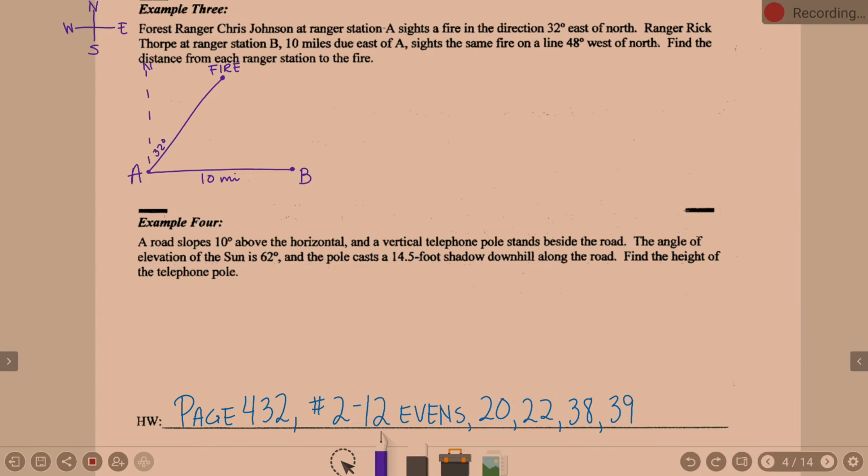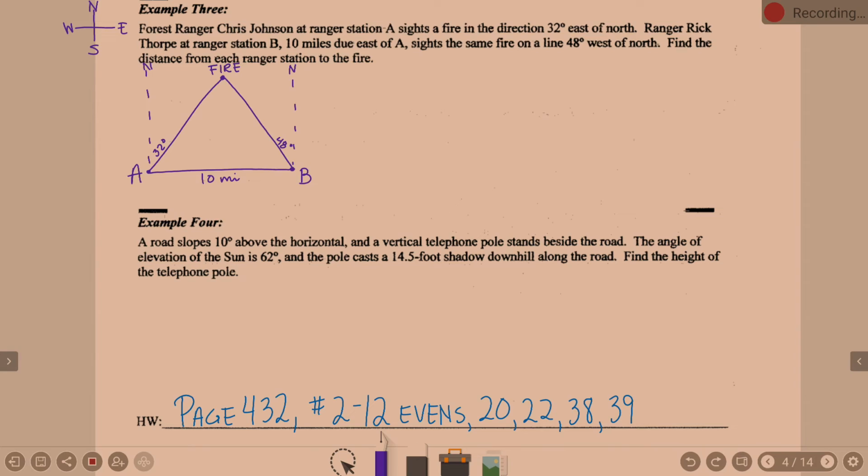B is 10 miles due east of A. And at Ranger Station B, he sights the same fire on a line 48 degrees west of north. So north is still straight up on my paper. 48 degrees west of north means he's looking this way, and 48 degrees is that distance between north and how far west he's looking.